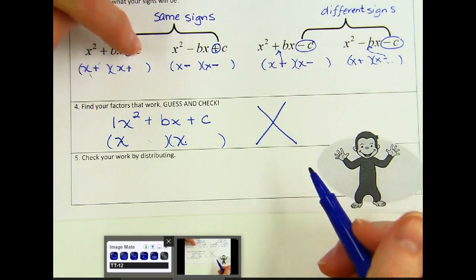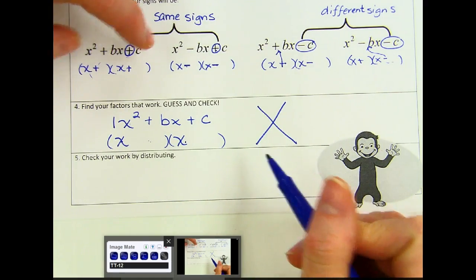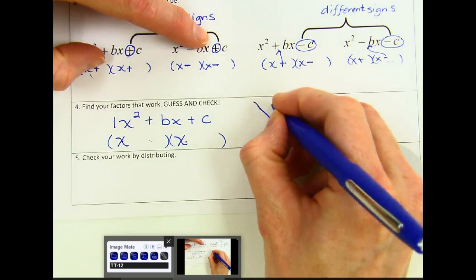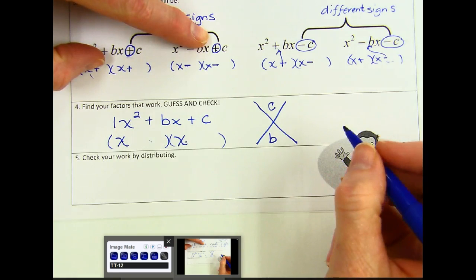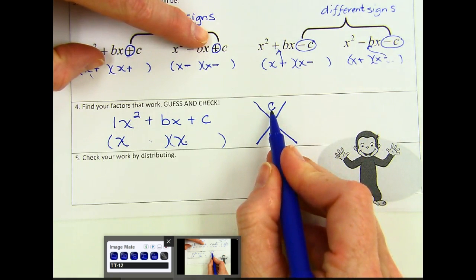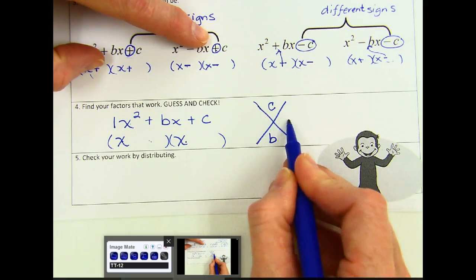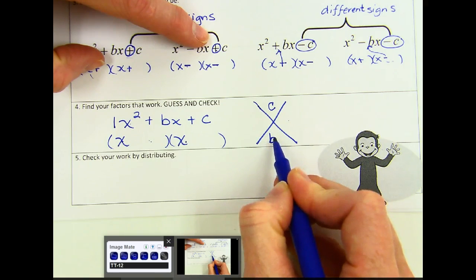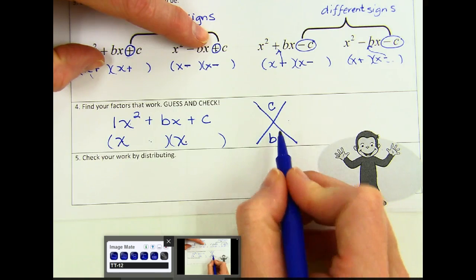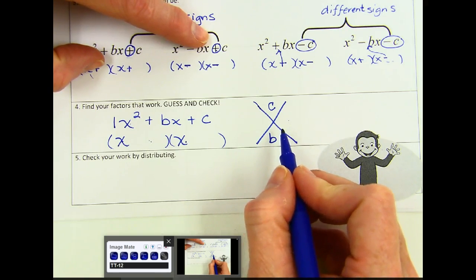Now, if you'll notice, when we played the X's and O's game, you had a number that sat up top and you had a number that sat at the bottom. And you were trying to figure out the perfect combination that multiplied to give you C, but at the same time added to give you B. There is only one perfect combination that will work.